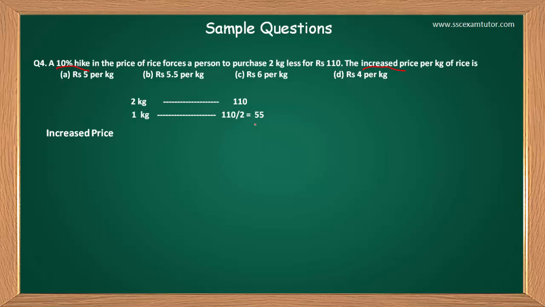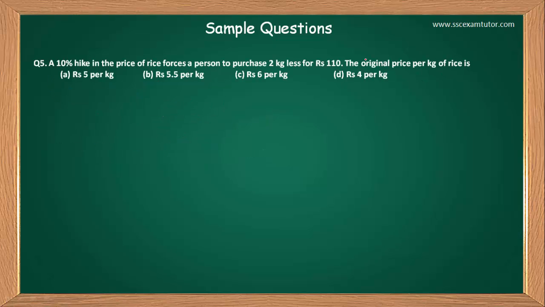So increased price, again it's written wrong, it should be increased price. Okay, so increased price is equal to this 55, and I am using this 10. Okay, on solving you will get 5.5 per kg. That is the answer. So it will hardly take 2 seconds, and you can solve it without using pen and paper.